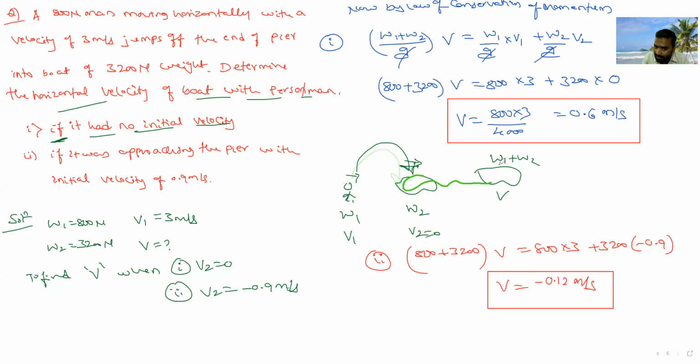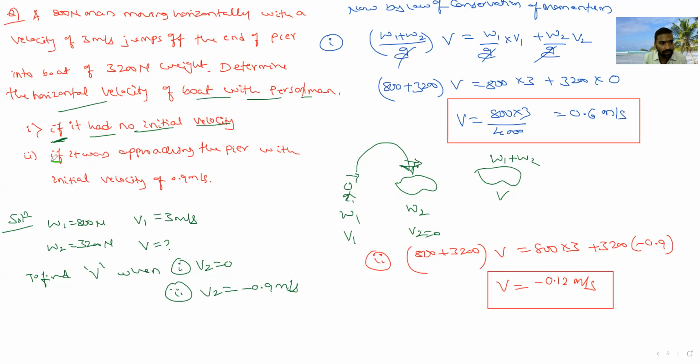When the boat is moving, at that time, what is the velocity he is asking. There is a condition: if it had no initial velocity, it means the boat was not having initial velocity. It is in rest condition. When the person jumps into the boat, at that time the boat has started moving.